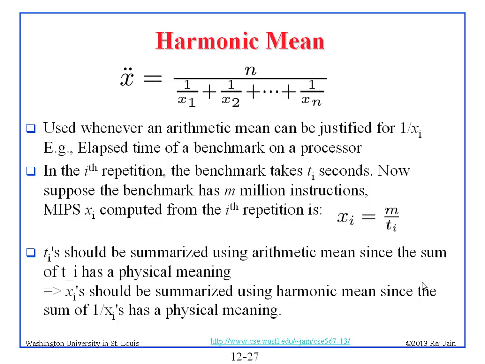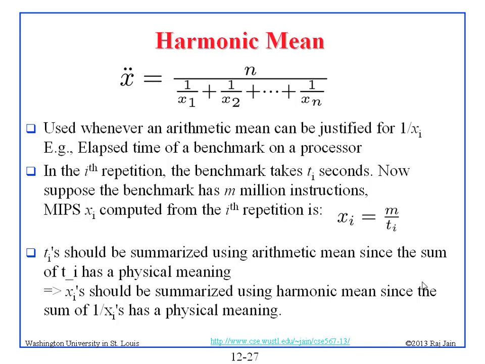Take the elapsed time of a benchmark on a processor. Elapsed times themselves don't add up, but if you take 1 upon those, they add up. In the ith repetition, the benchmark takes ti seconds, and suppose the benchmark has m million instructions, so the performance xi from the ith repetition is m instructions divided by the time.